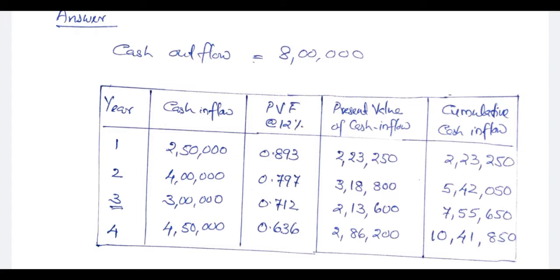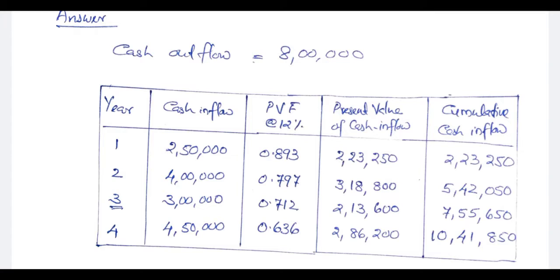Similarly, third year 3 lakh multiplied by 0.712, so 2,13,600. Fourth year 4,50,000 multiplied by 0.636 equal to 2,86,200.